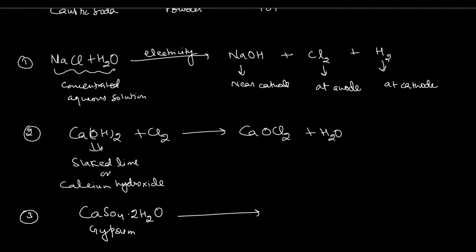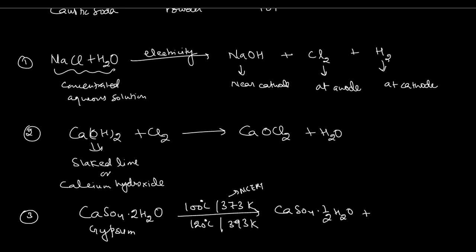Gypsum is heated at 100 degrees Celsius or 373 Kelvin, according to the NCERT, and actually it is 100 degrees Celsius, that is 393 Kelvin. इतने टेम्परेचर पर अगर हम इसको हीट करते हैं, then we will get CaSO4 dot half H2O plus H2O. Got it, beta?